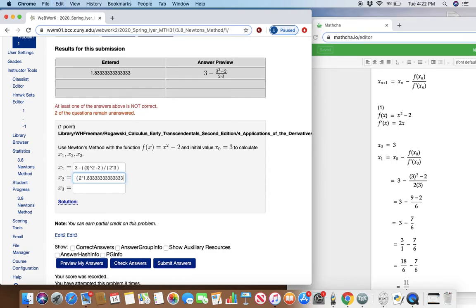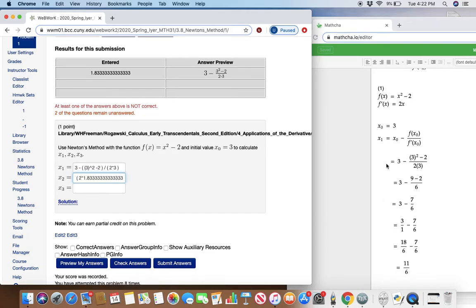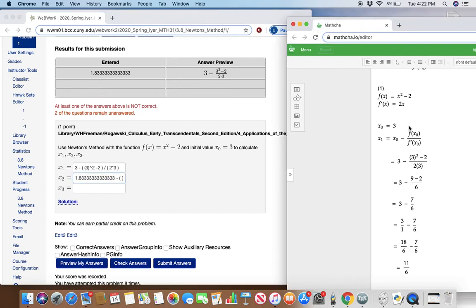I hope it's clear, because to find x2, x1 is now the old number. To find x1, x0 was the old number. So that old number, I hope my accent is coming through, x sub 0 is 3.